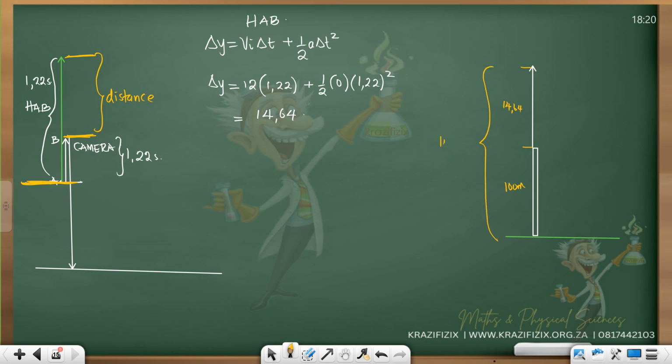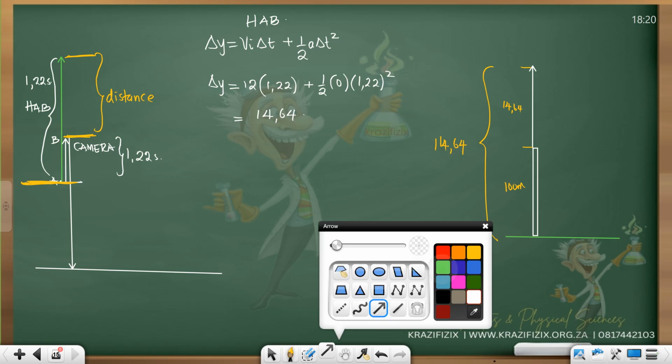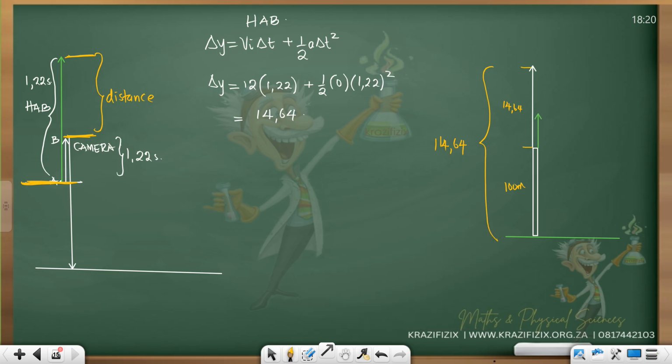It means the total height here, I don't know if we need this, but I just want you to see 114.64 from the ground. Okay. Now, where is the camera? The camera is at its own maximum height, which is somewhere here. The question is, we don't even know how far the camera has gone. Remember, this is the distance we are looking for.